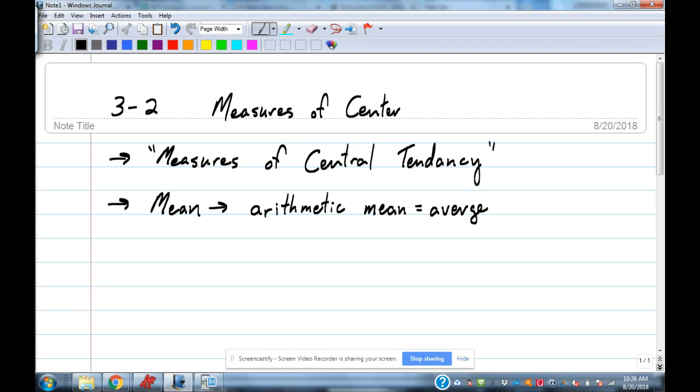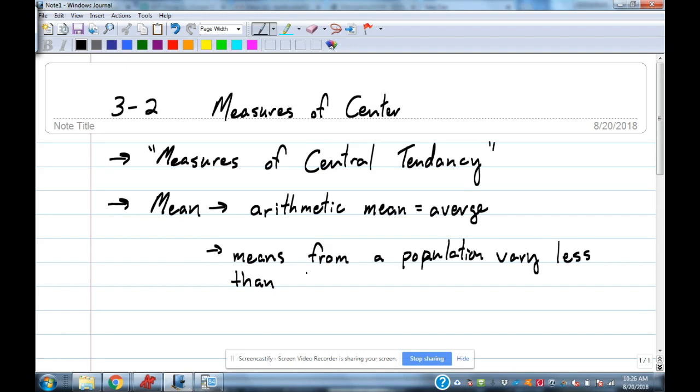Now, what do we know about the mean? Things we know about the mean, depending on what we're given. Means from a population vary very less than other measures of center.